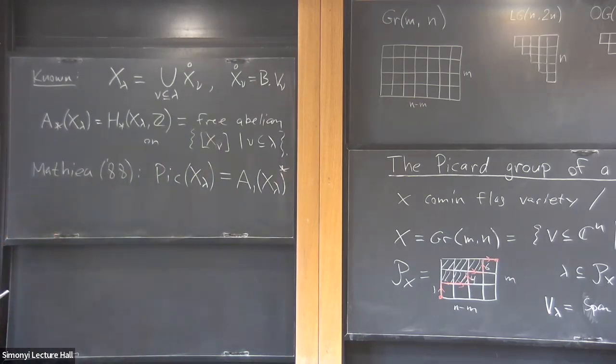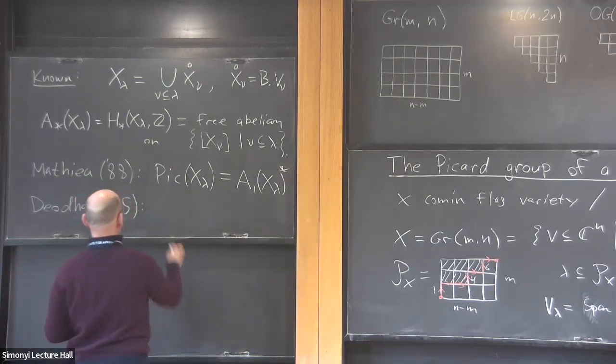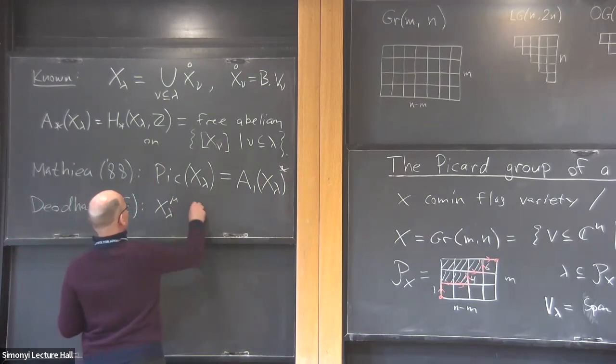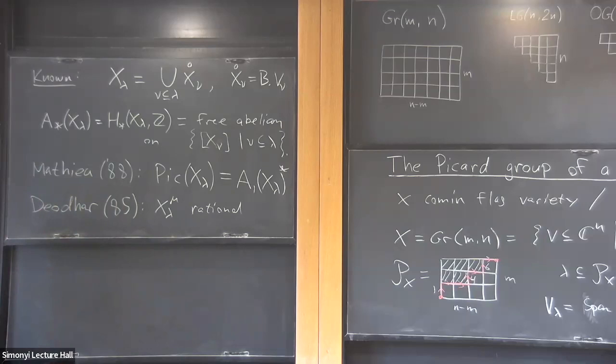For Richardson varieties, well, again, Deodhar, a little bit earlier, in '85, proved that the Richardson variety is rational, right?